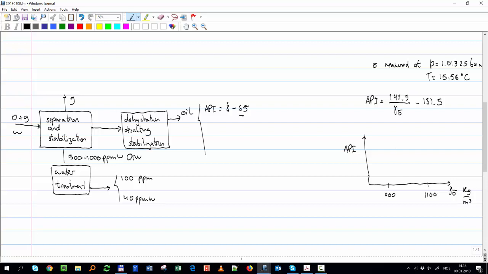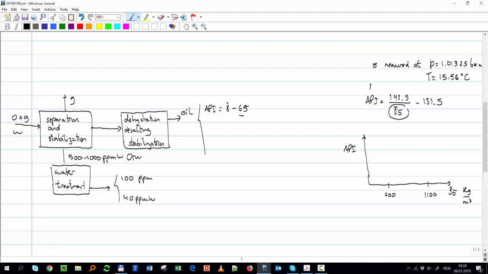The density of the oil, if this is high, that means that this is low, because they are inversely proportional. So if I have a very low specific gravity, my density is low, and that's something very good. I can always take that oil and put it in the car and just run with no effort, with an oil at 65.